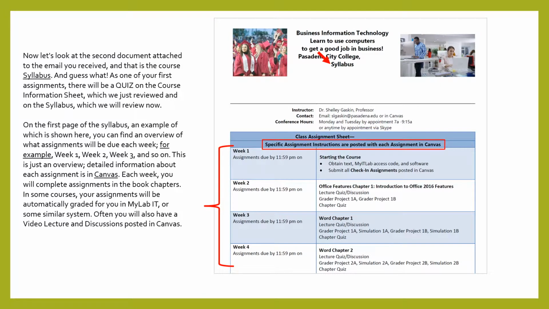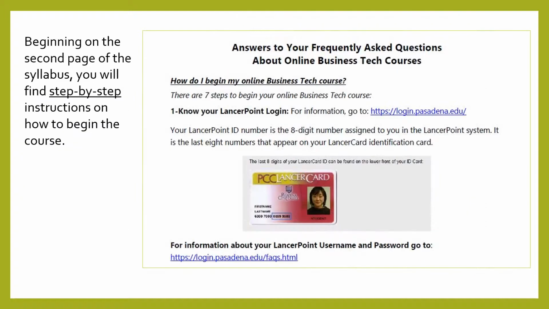Each week, you will complete assignments in the book chapters. In some courses, your assignments will be automatically graded for you in MyLab IT or some similar system. Often, you will also have a video lecture and discussions posted in Canvas. Beginning on the second page of the syllabus, you will find step-by-step instructions on how to begin the course.